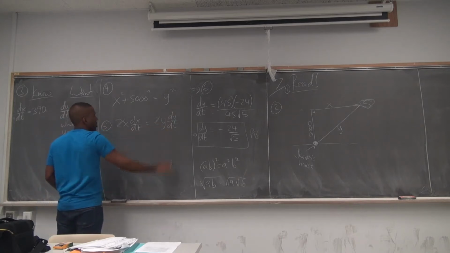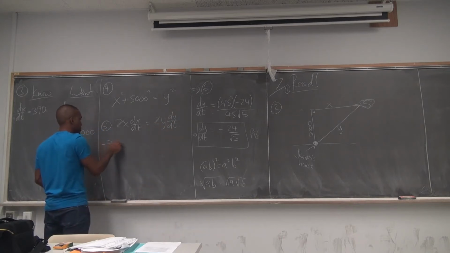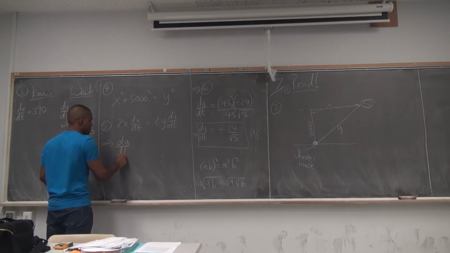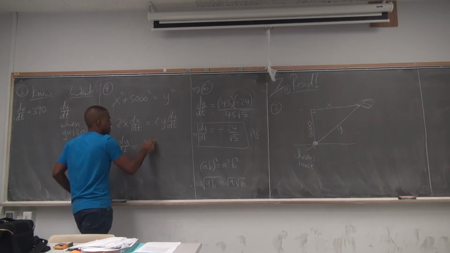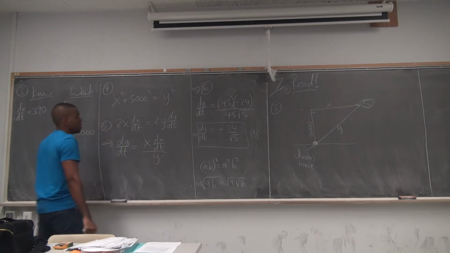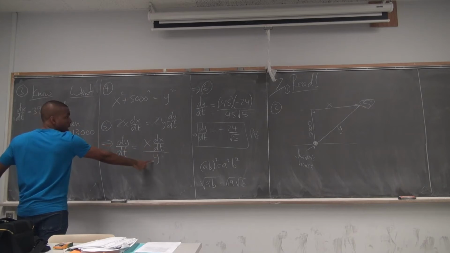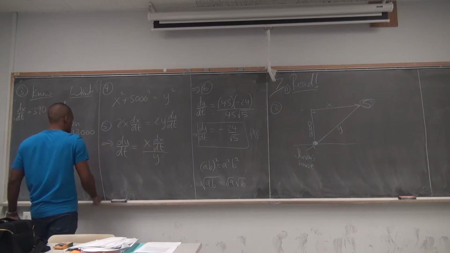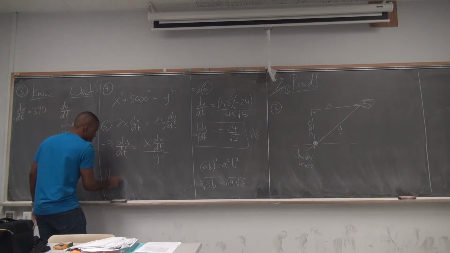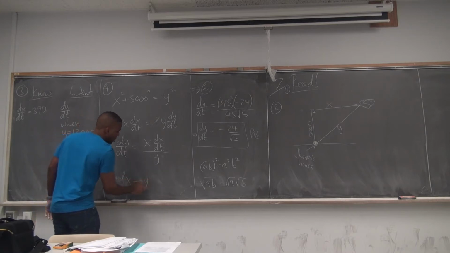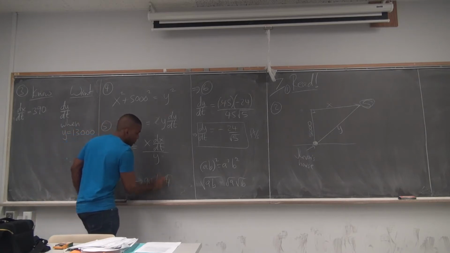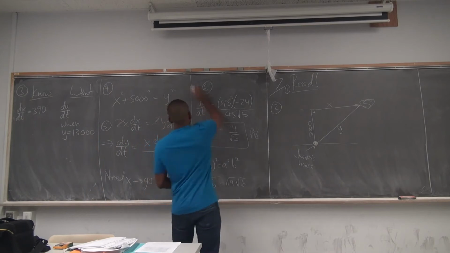Again, dy/dt is what I want to find. dx/dt I know, y I know, x I don't know. So I need x. I'm going to go back to step 4 and solve for that x.